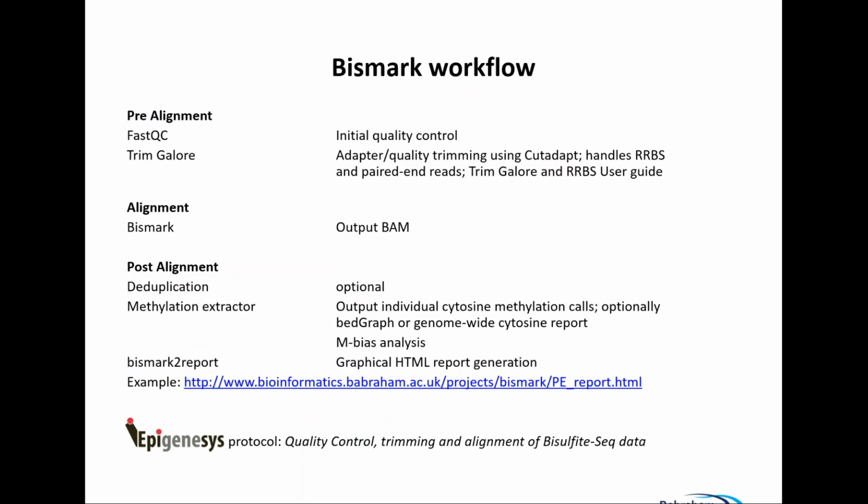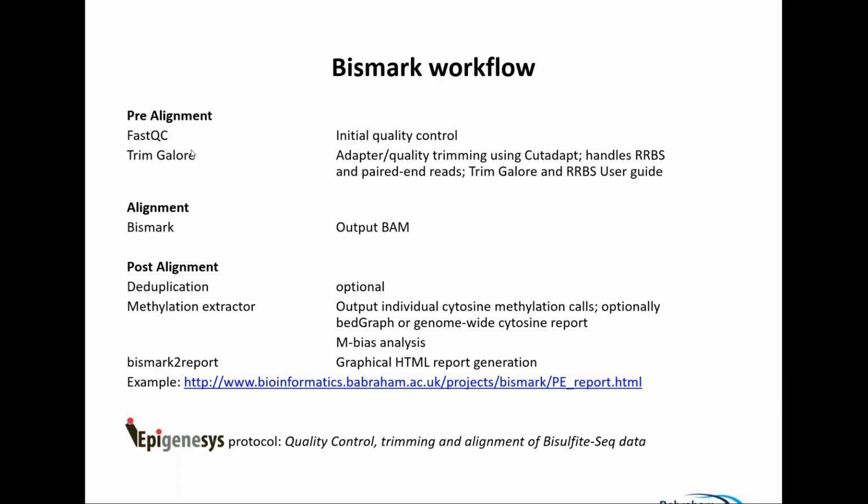Right, I think with that, we are probably now at the end of this session today. Just to briefly recapitulate, before we perform any alignments, we suggest you do some kind of quality control with FastQC. Then Trim Galore is a wrapper around Cutadapt that handles all of your quality and adapter trimming issues. There's additional functionality for RRBS reads. And if you go to the Trim Galore website, either on the Babraham Bioinformatics site or on GitHub, there's also an RRBS user guide, which has some additional information about RRBS.